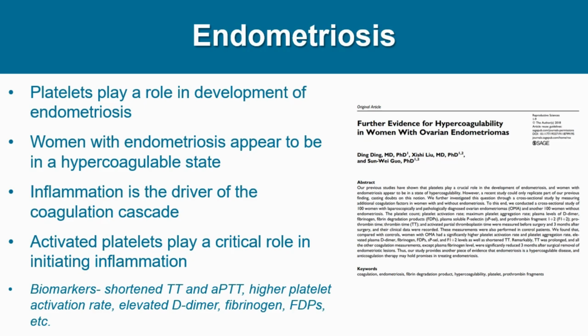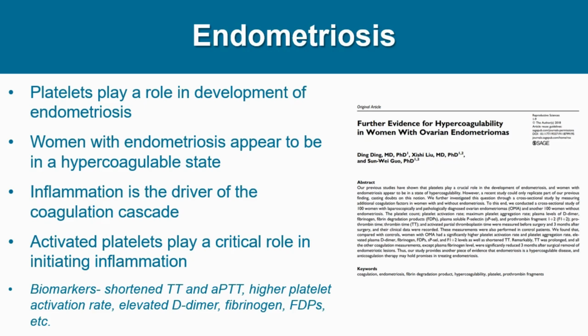In the past 2 decades, it's become more evident that inflammation and coagulation, 2 different things, are involved in this as well. Inflammation activates the coagulation cascade, and coagulation modulates the inflammatory activity, as it does in cardiovascular disease. Because of these activated platelets that play a role in initiating inflammation, we're finding that more women with endometriosis are hypercoagulable.